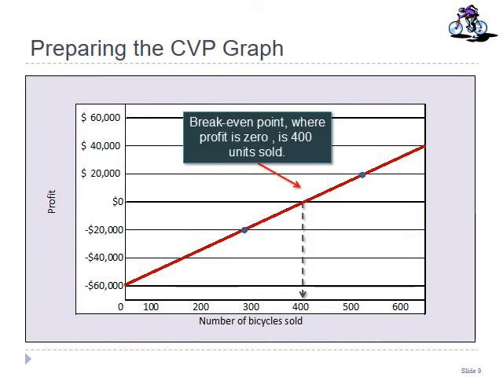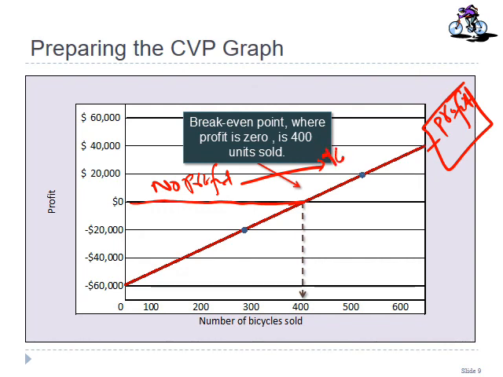In that way, that point is the break-even point. Remember, this is a profit line, not sales or expenses or something. This is just the profit line. So you can find the break-even at the point which intersects here at 0, and we know that break-even is no profit, no loss.